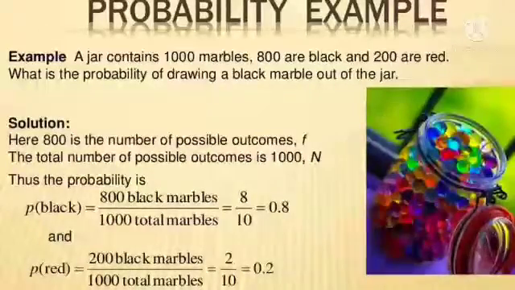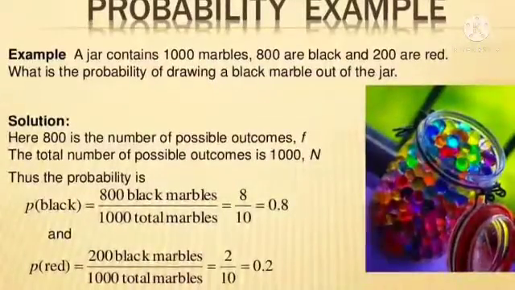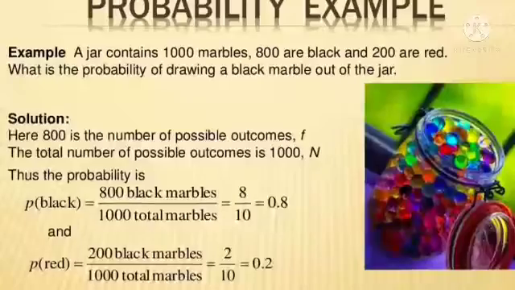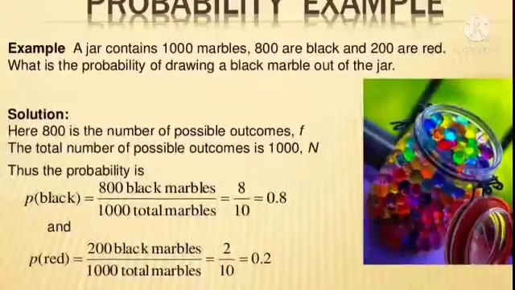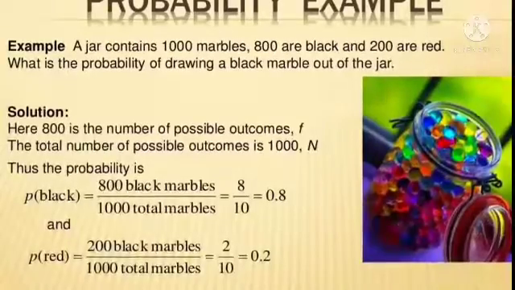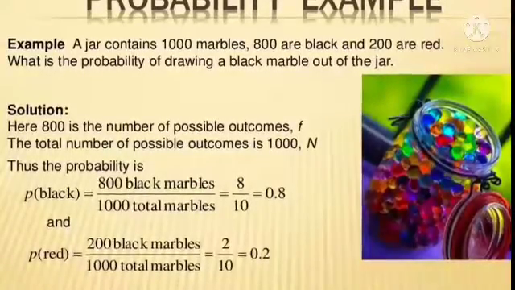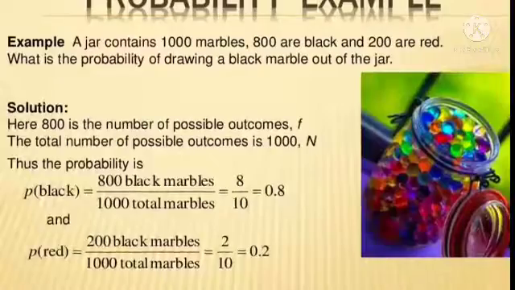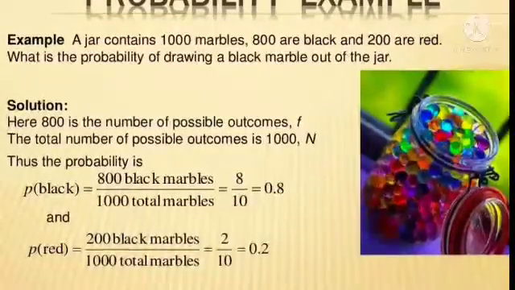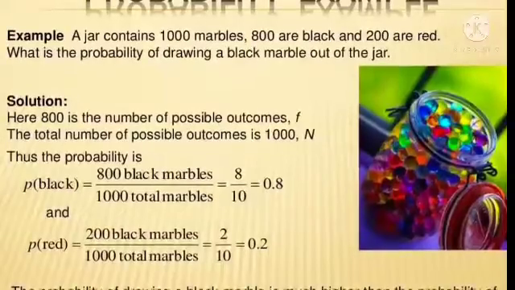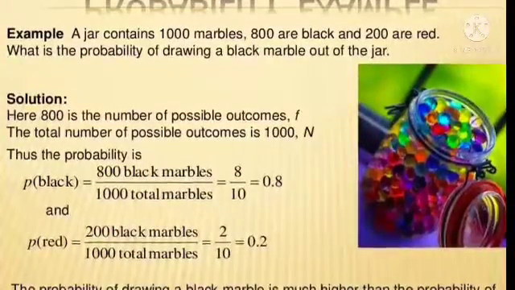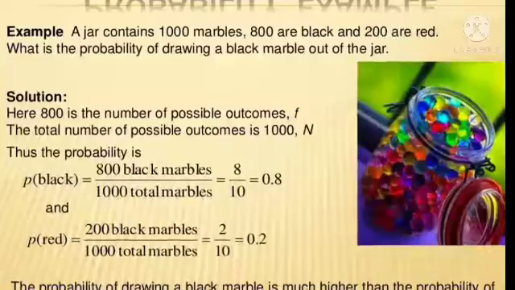Solution. Here, 800 is the number of ways f. The total number of possible outcomes is 1000, n. Thus, the probability P of black is equal to 800 black marbles upon 1000 total marbles, which is equal to 8 divided by 10. So the answer is 0.8.